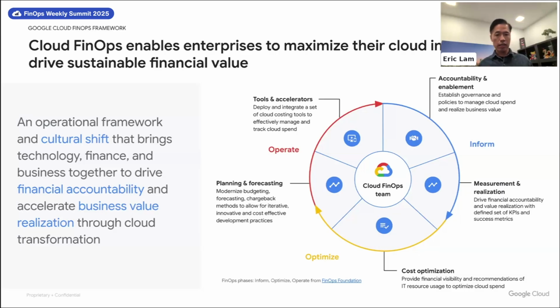Certainly, predictive analytics and machine learning models can enable forecasting and drive better accuracy. And then finally, there are a number of tools to accelerate this, and you need to bring it home. The tool and technology is only as good as the people and the process that actually use it. Next slide.